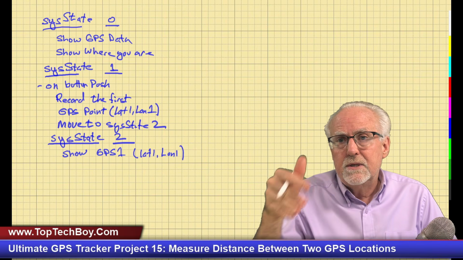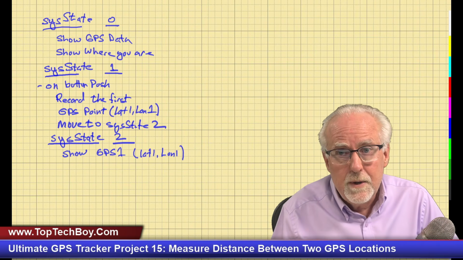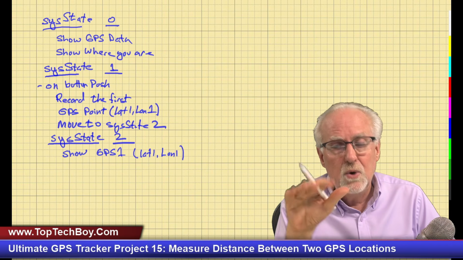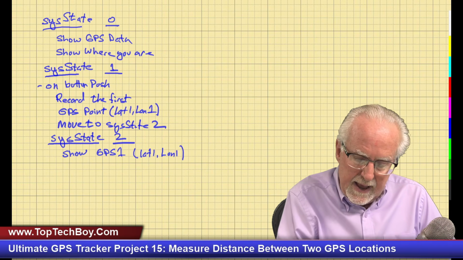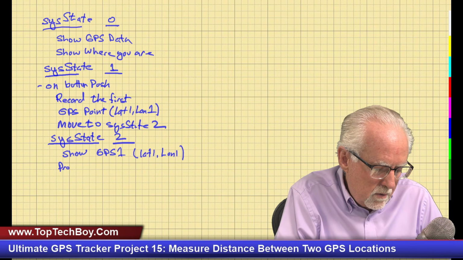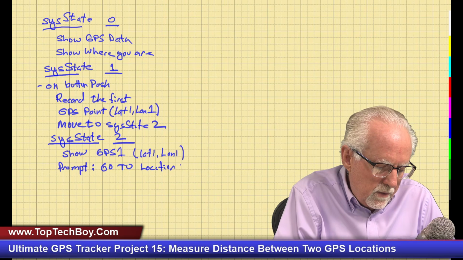Now, while I'm in sys-state 2, what am I doing? I'm walking or driving or flying or swimming or whatever to the second location. And it's just showing me the first location. And then it is also prompting me. So I'm prompting on the screen, go to location 2.